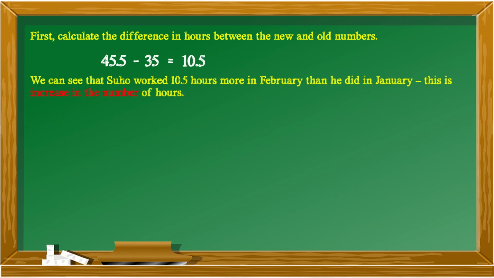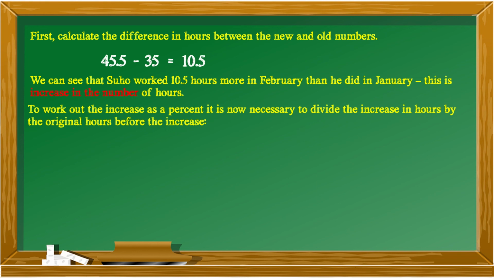We can see that Suho worked 10 and 5 tenths hours more in February than he did in January. This is the increase in the number of hours. The increase in the number of hours is 10 and 5 tenths.